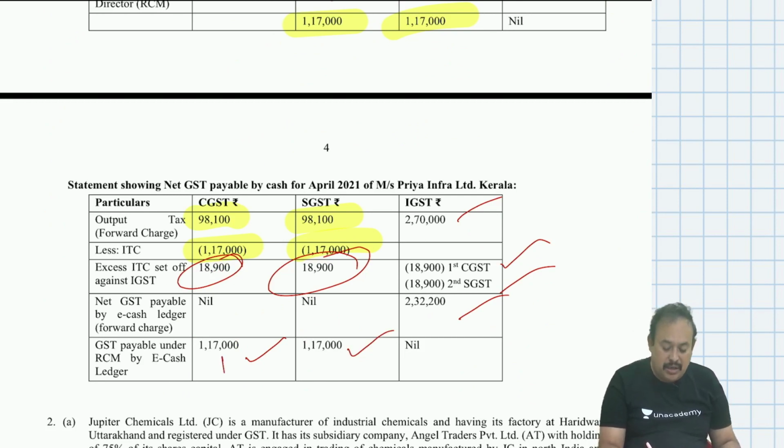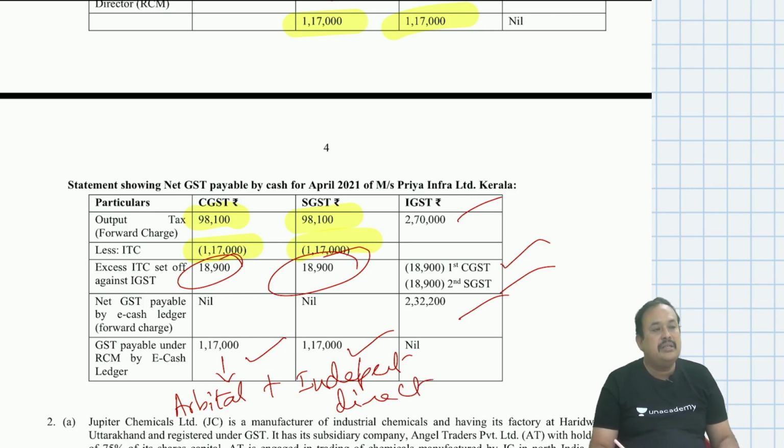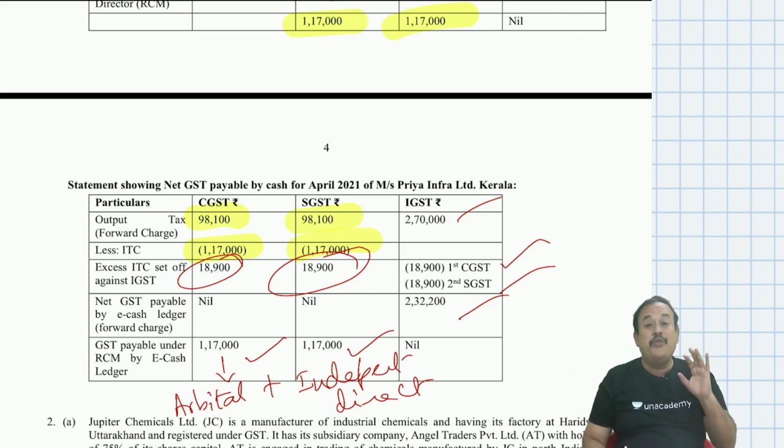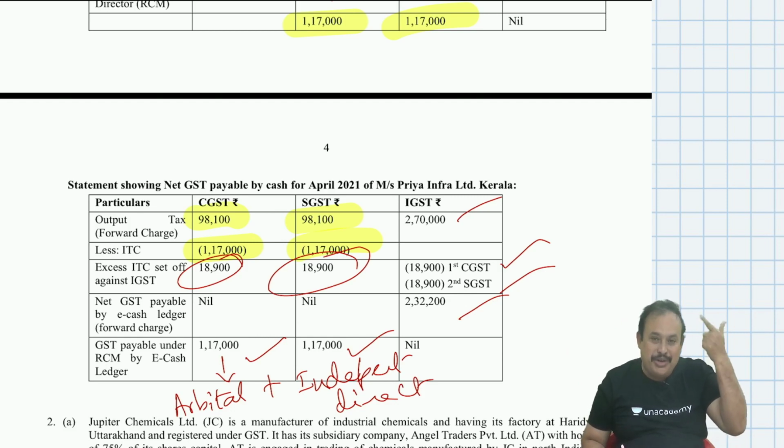These two consist of the particular arbitral tribunal plus remuneration paid to independent director, both, which is 1,17,000 CGST liable to pay by electronic cash ledger without utilizing input tax credit, and SGST same amount. As simple as that. With this, question number 1 is completed for 14 marks of your December 2021 examination.